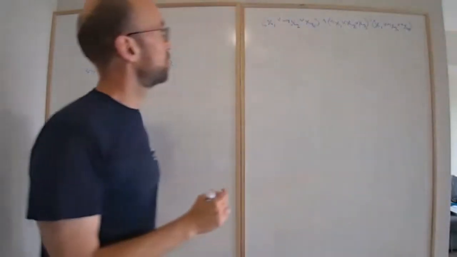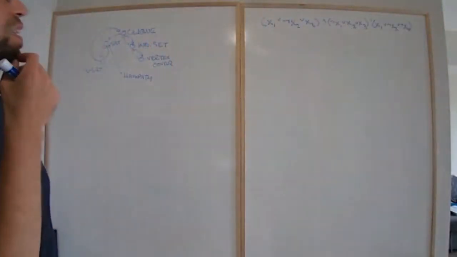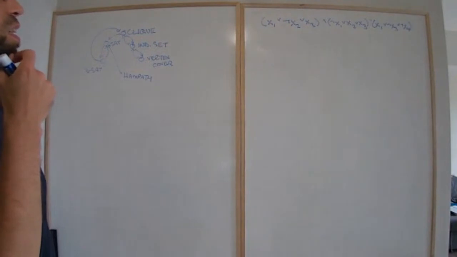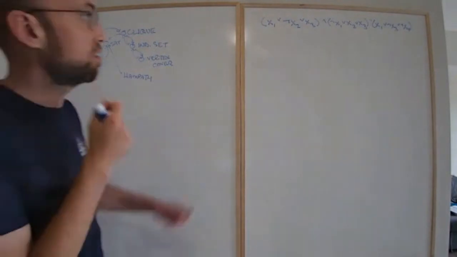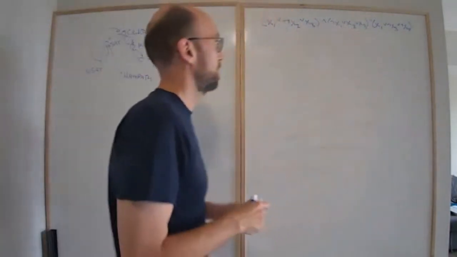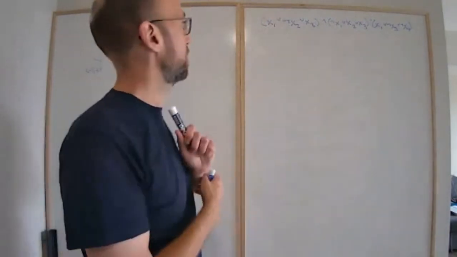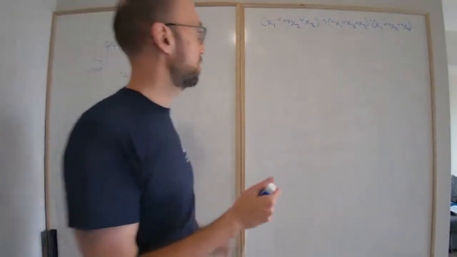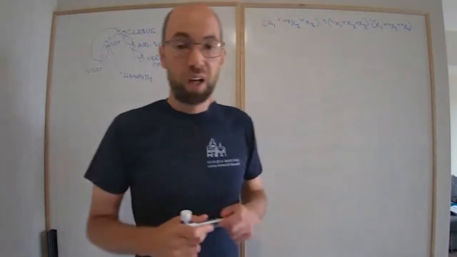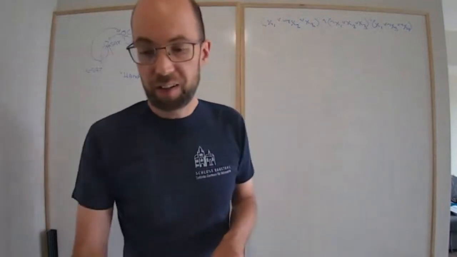Now, is that satisfiable? We can do x1 and get those two, and then we just do x3. Okay, it's satisfiable, but it's a bit more interesting because I don't think we can hit everything with one variable. Okay, so how are we going to do this reduction?